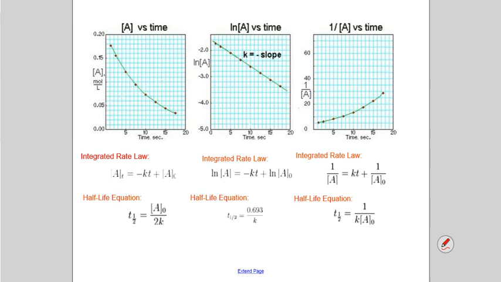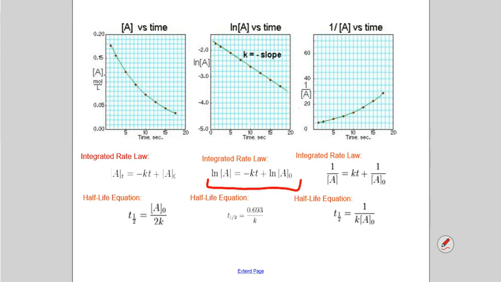Since this data is first order, that means that this is the correct rate law to use for A. For whatever compound A is, it would be the natural log of the concentration of A is equal to negative KT plus natural log of A naught, or natural log of the initial concentration of A. Our half-life for that equation is T1/2 is equal to 0.693 over K. This is also the natural log of 2 over K. Your book will probably go through a whole explanation of where that comes from and skip the important part.